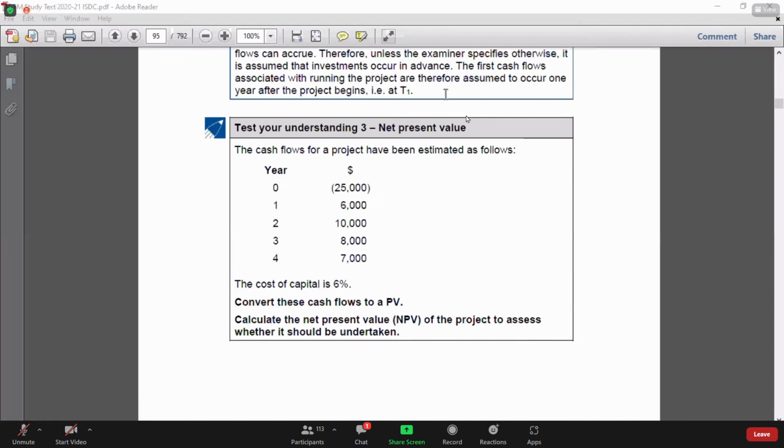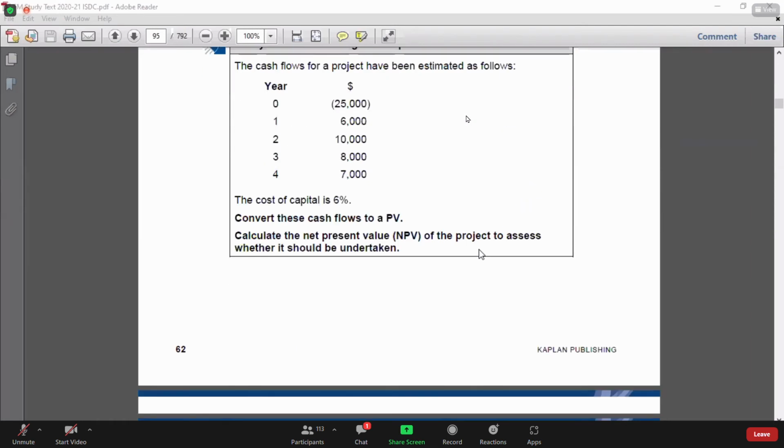Yes, it is an investment, and you can find the cash flows of the project: in years 1 to 4 it is 6,000, 10,000, 8,000, and 7,000. They gave the cost of capital as 6%, and we have to convert these cash flows to an NPV. They are also asking us to calculate the net present value, and whether it is viable or not.